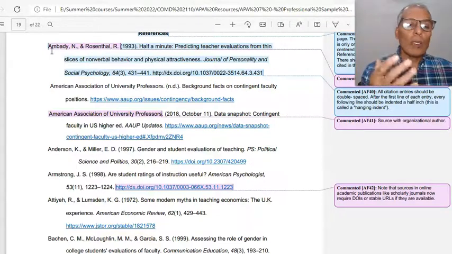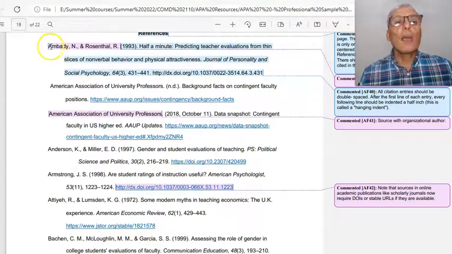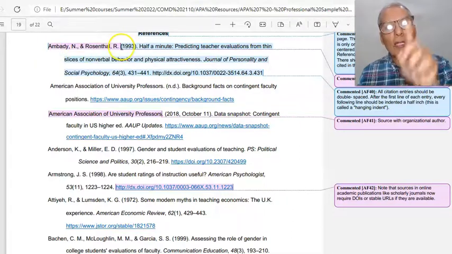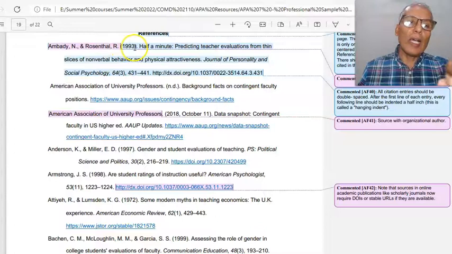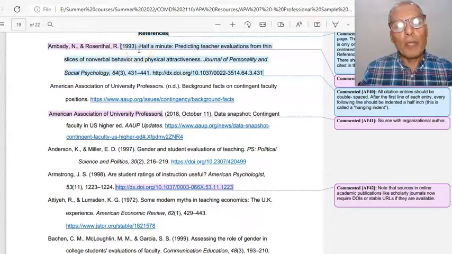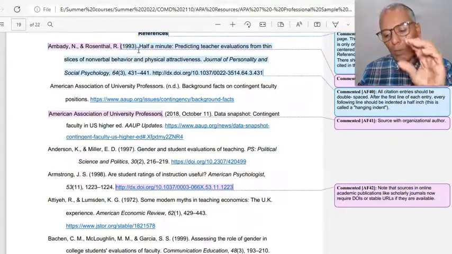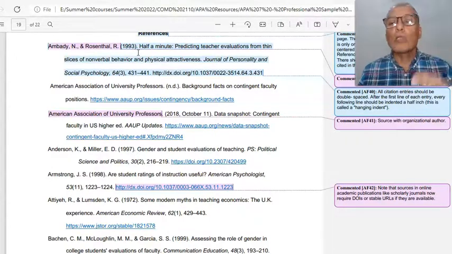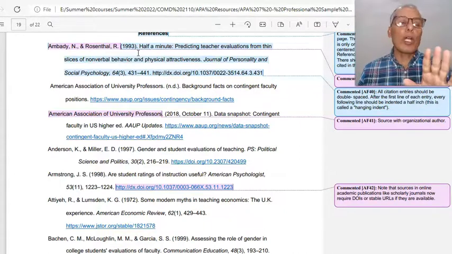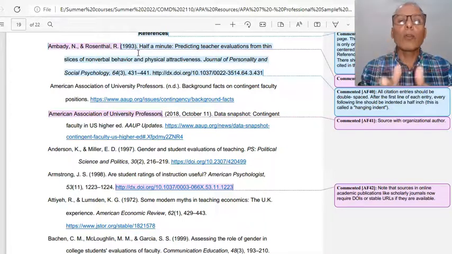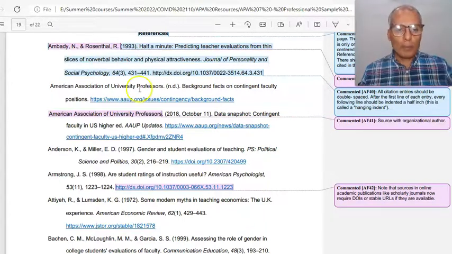So when you come and say, oh, I lost this point, I'm going to say, okay, go to this example, and you will find that the date is right after the last author, and it is followed by a period. In your reference entry, you did not do this, and you lost this point. So there are no surprises. If someone loses a point, it is because they did not follow the instructions.